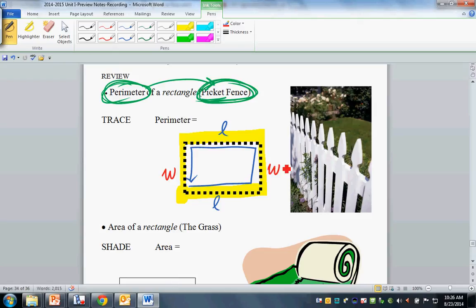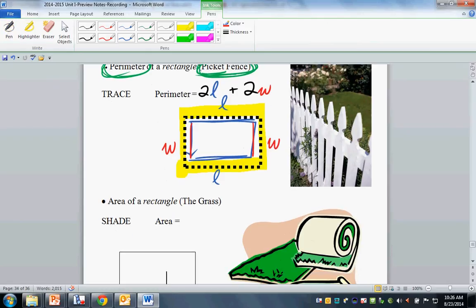Now, to find perimeter, what I always want you to do is physically trace it, and perimeter, of course, is 2 lengths plus 2 widths. This is just for a rectangle. 2 lengths plus 2 widths. If you can't remember that equation, just think picket fence and walk it around.